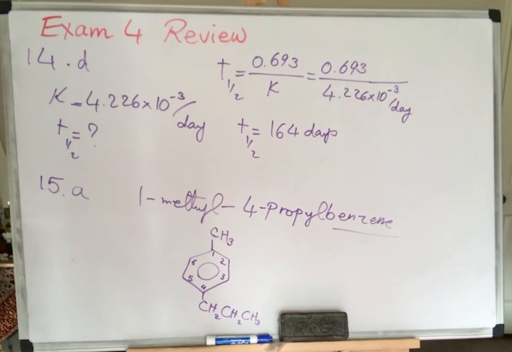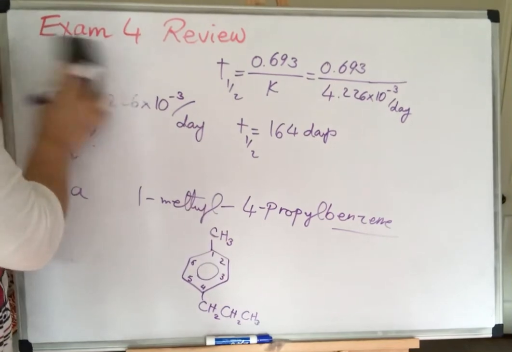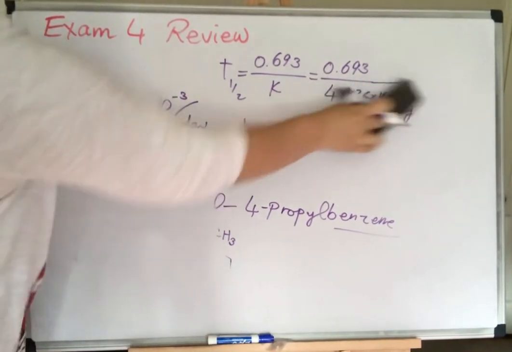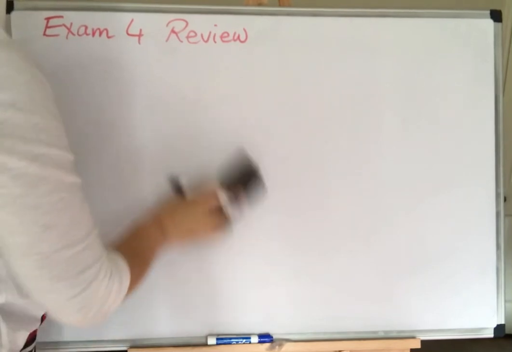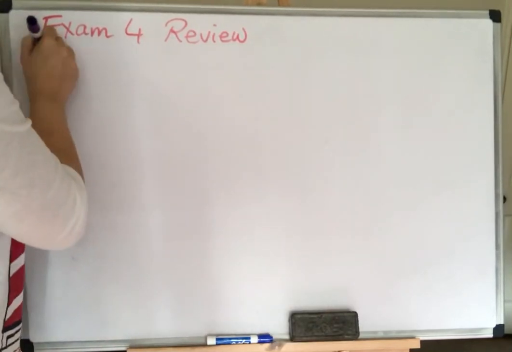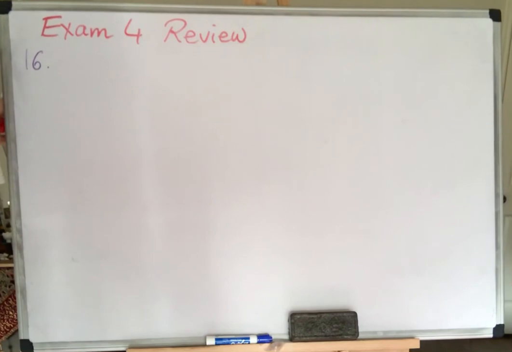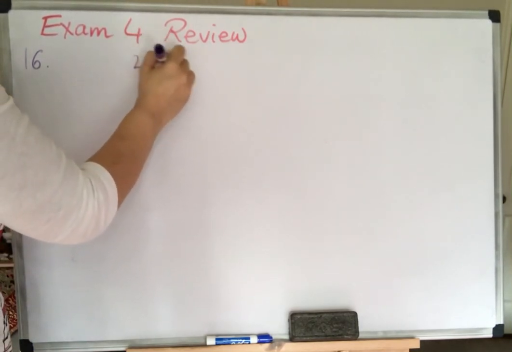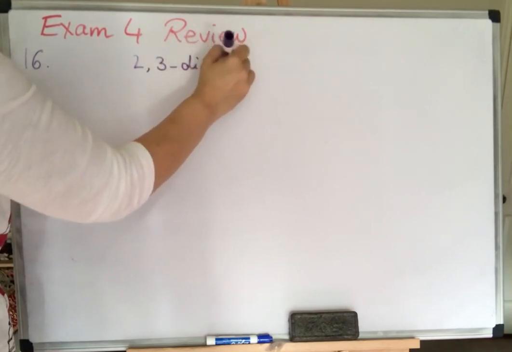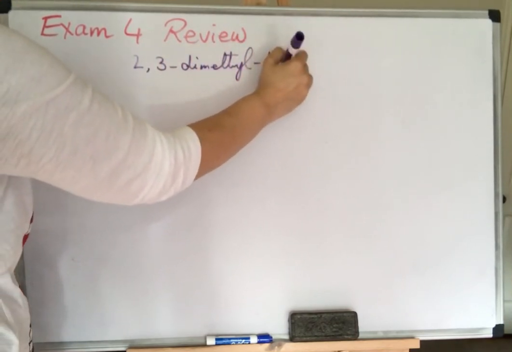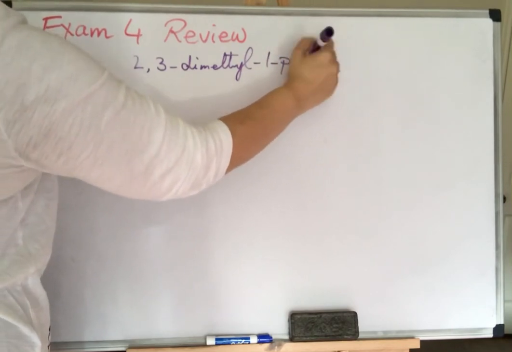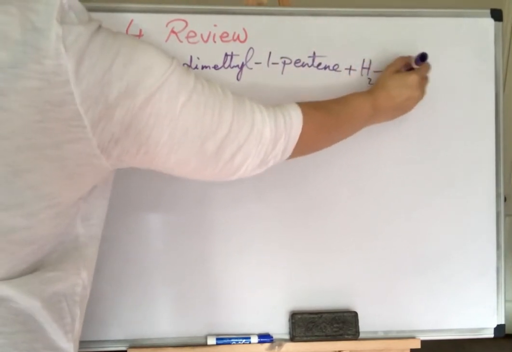Okay. Let's see what question 16 is asking. Question 16 is asking, what is the expected product from the reaction of 2,3-dimethyl-1-pentene with hydrogen gas? So 2,3-dimethyl-1-pentene plus hydrogen gas.